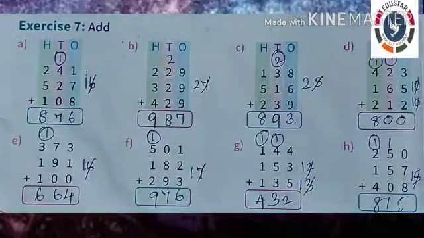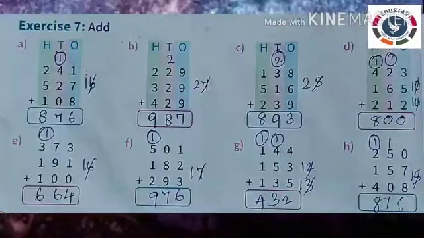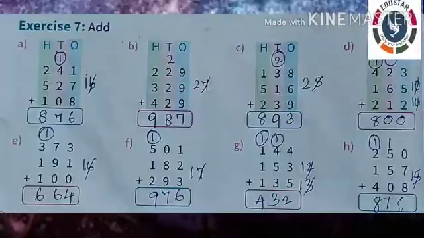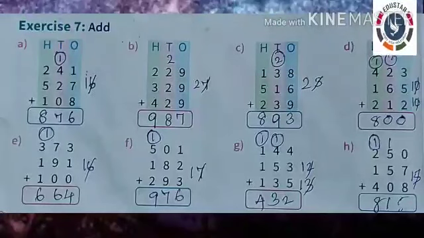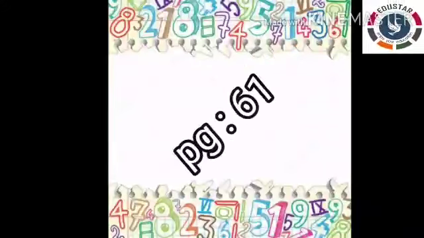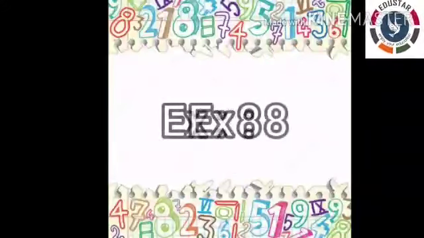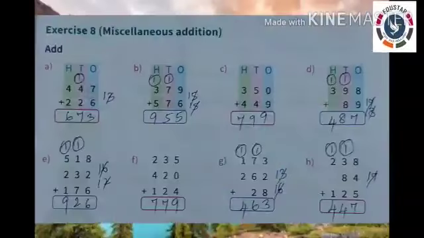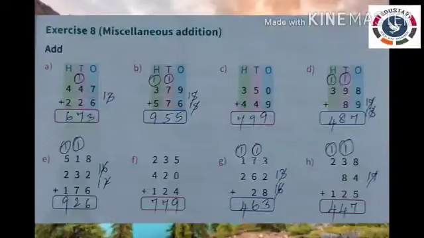In that same page, you have to check exercise 7 also. Sums A to H sum. Everybody, you checked your answers? Then we will move on to page number 61, exercise 8, sums A to H sum.